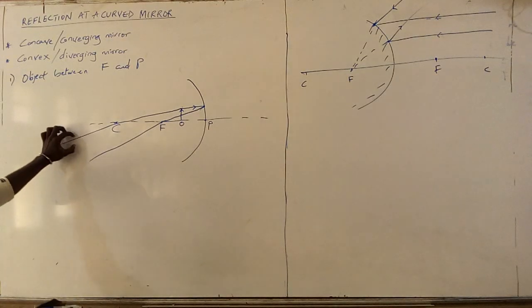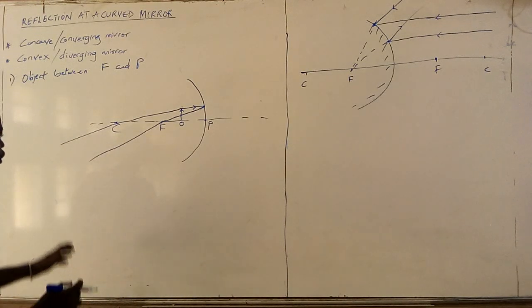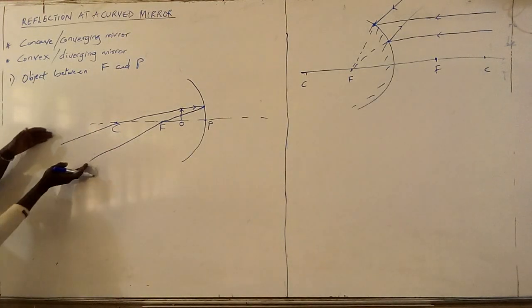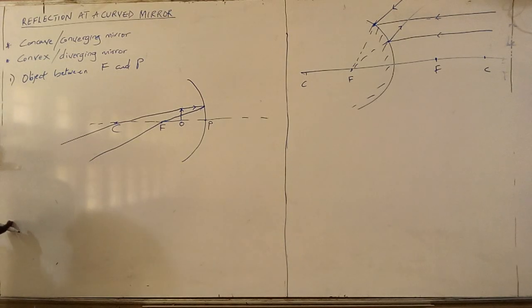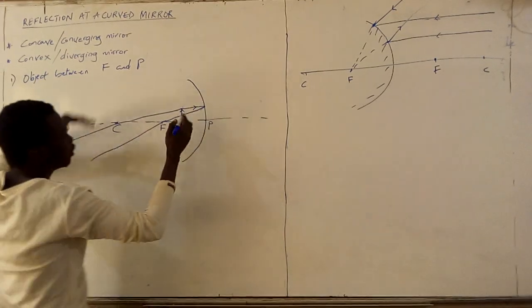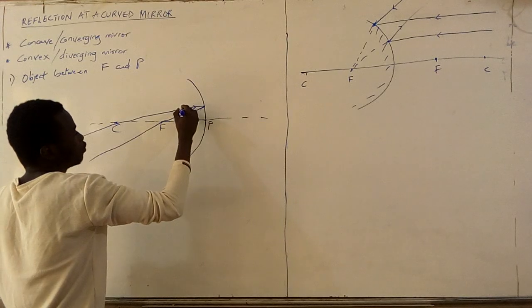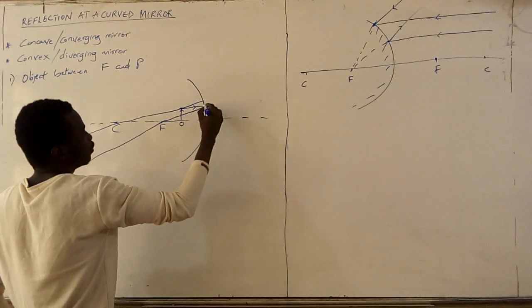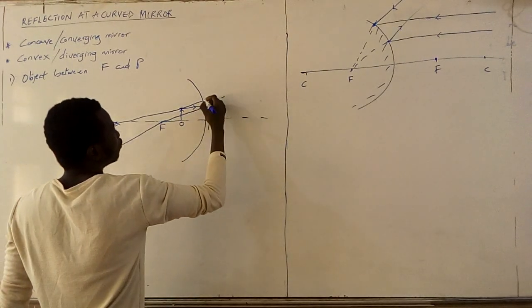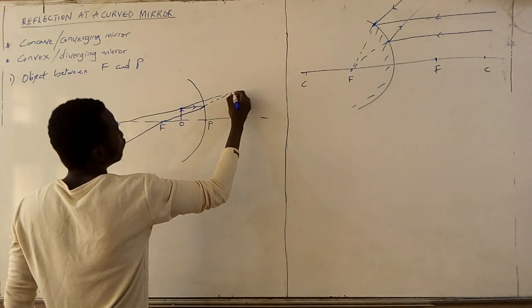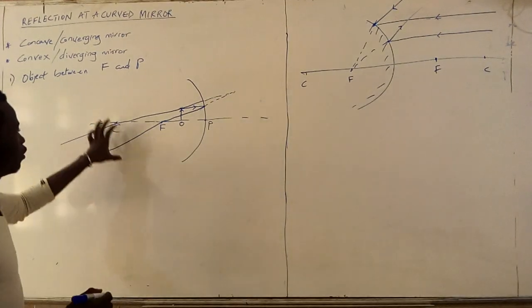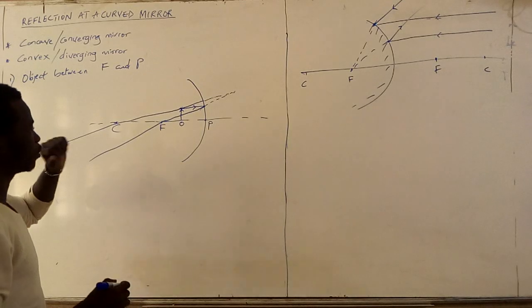So wherever these two lines converge, of course you can see they can never converge here. This line is diverging. But what about forward this way? If I continue this line this way, and this one continues this way. Sorry about the diagram, I'm not using the drawing instruments.